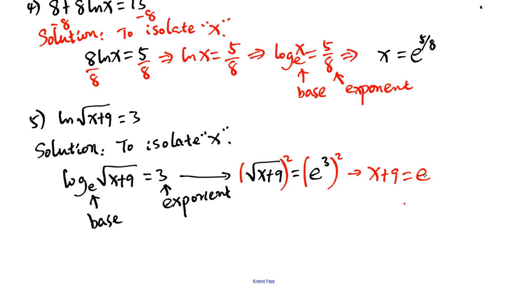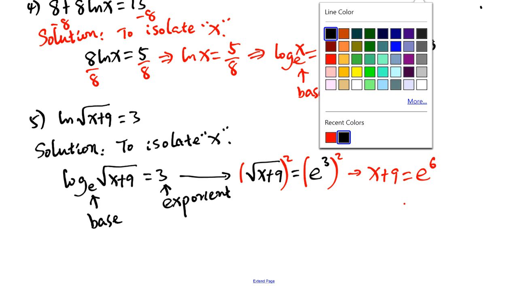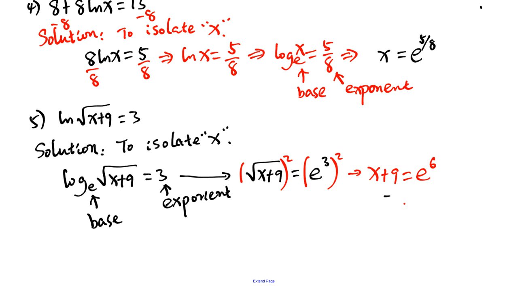On the right-hand side is e to the 3 to the 2, which is multiplication, not addition. Now you want to isolate x. So you have x equals e to the 6th power minus 9. Okay, that will be our fifth example.